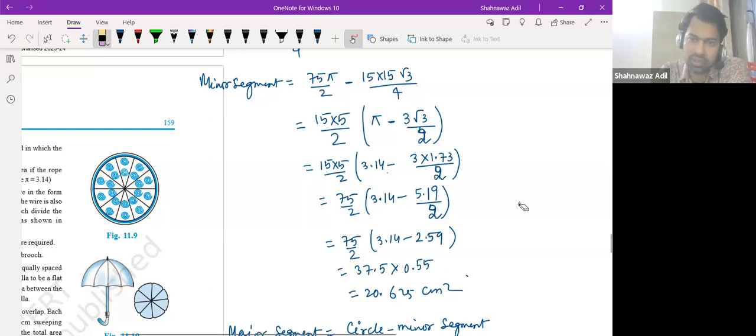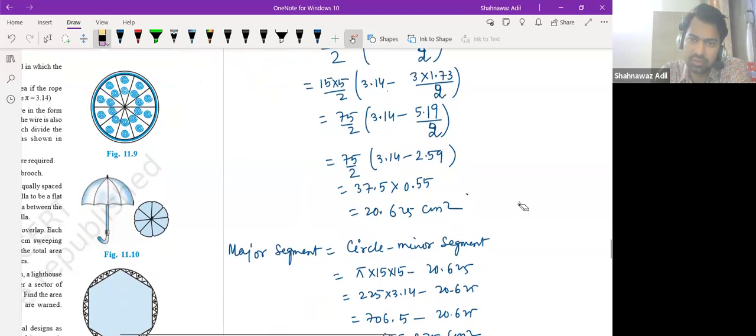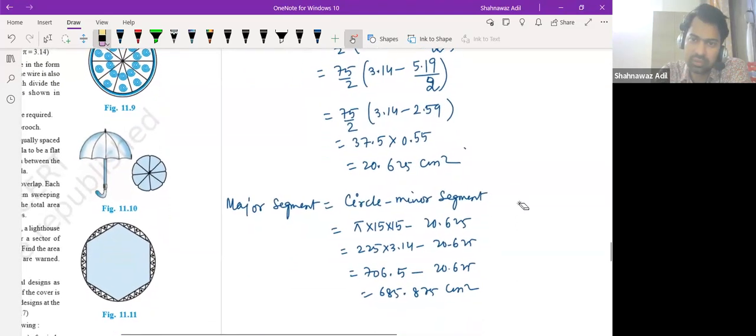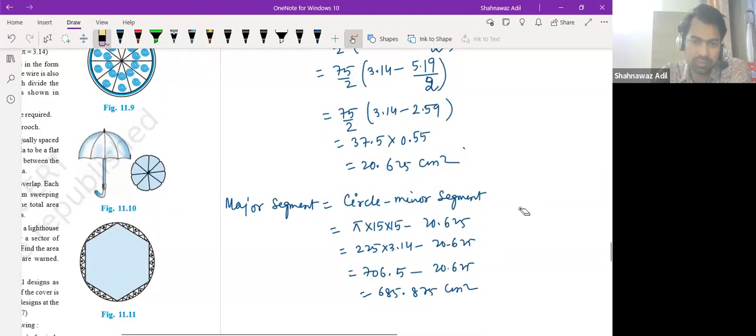Yes, noted, guys. So whatever we are calculating, major segment, minor segment, sectors, all these we'll do in these word problems.